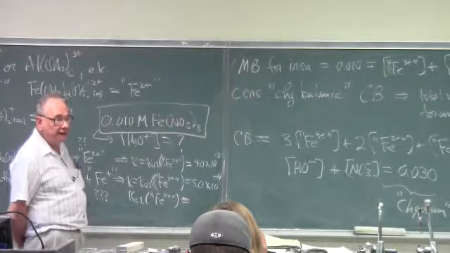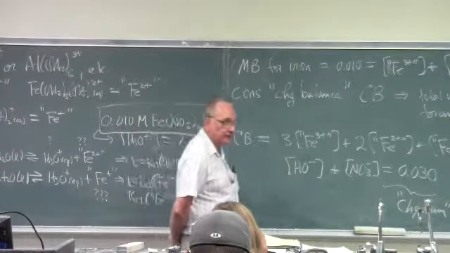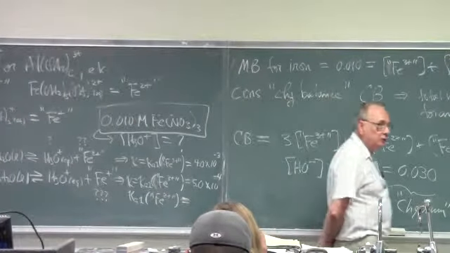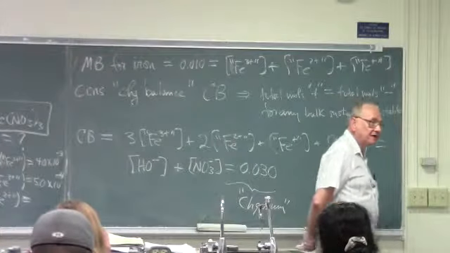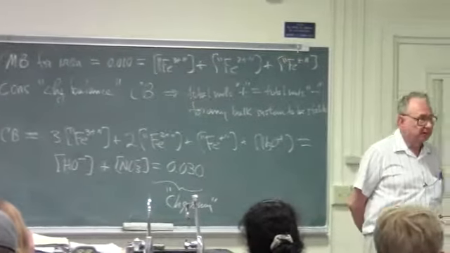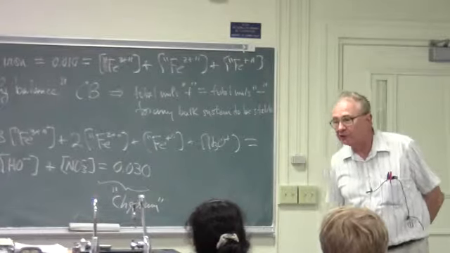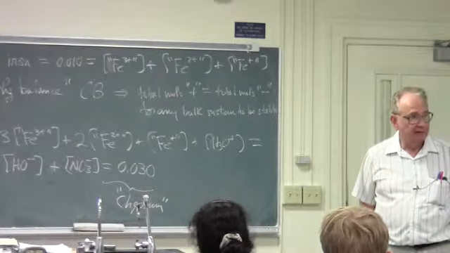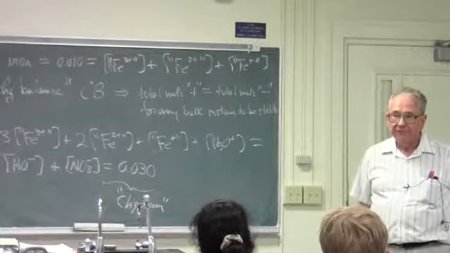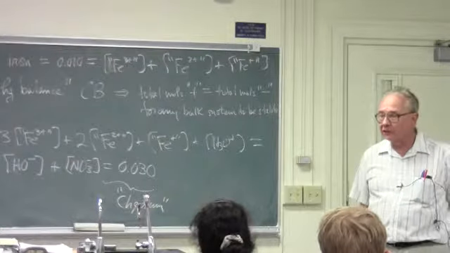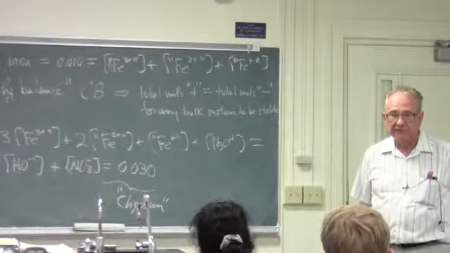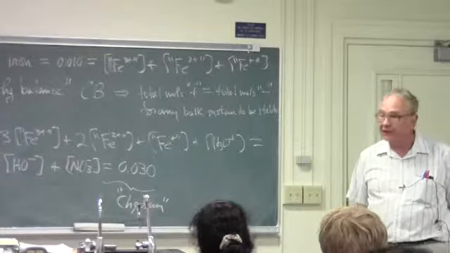Is it the case that in this solution, or any water solution for that matter, once you put nitrate ion in the system, the molarity of nitrate ion does not change as a consequence of changing pH? Is that a fair statement? The molarity of nitrate ion in a water solution does not depend on pH. Is that a fair statement? Why is that a fair statement?